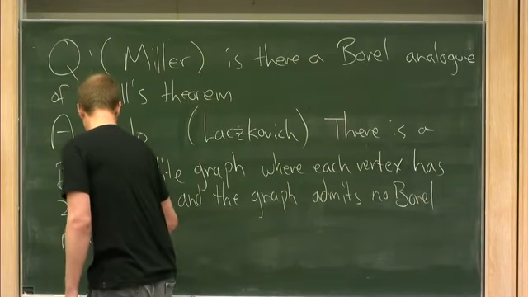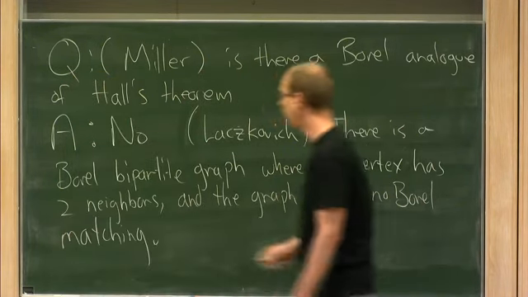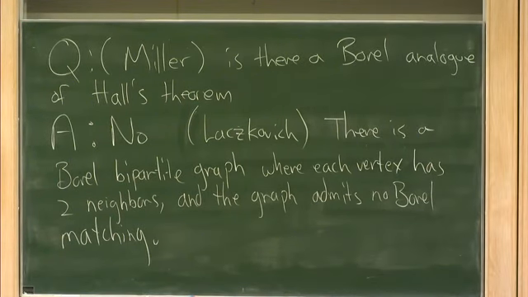All right, so what's the idea behind Laczkovich's example? A two-regular graph, okay, where I'm going to draw things now where I'm thinking of this maybe as the set B, and this is the set A, does not have very many matchings.